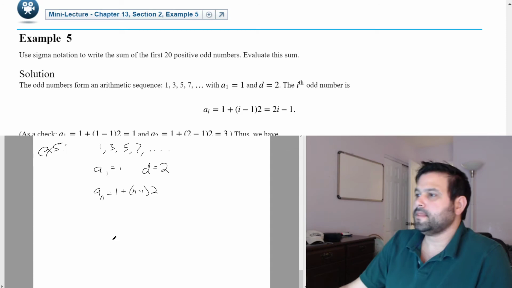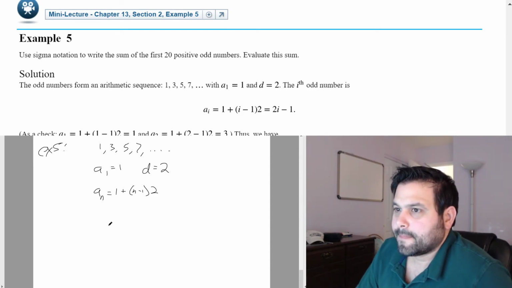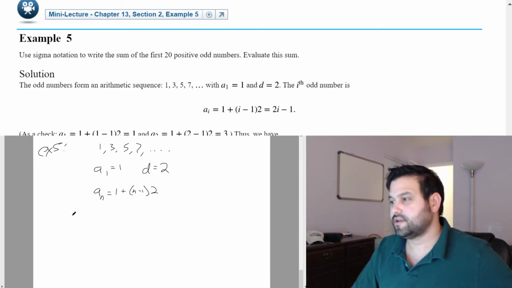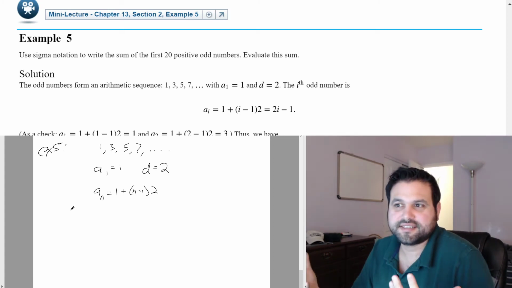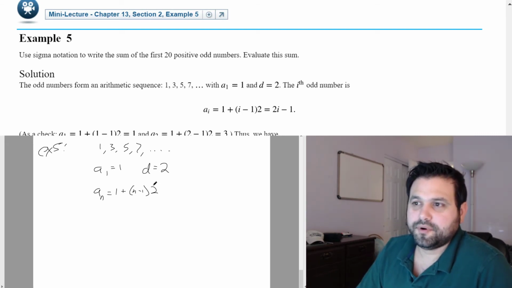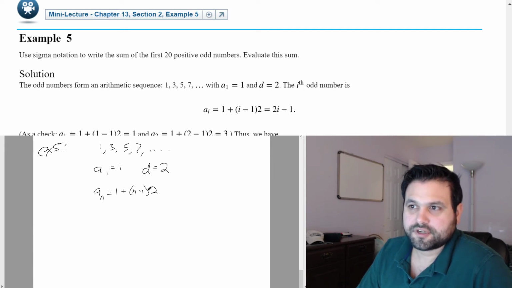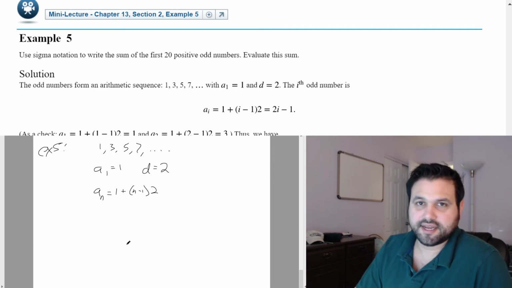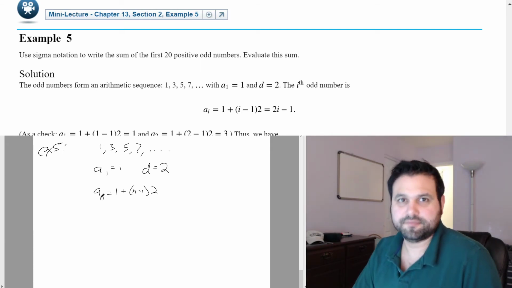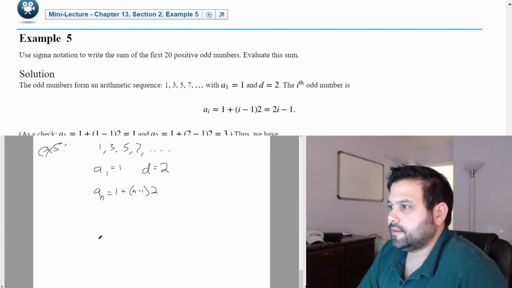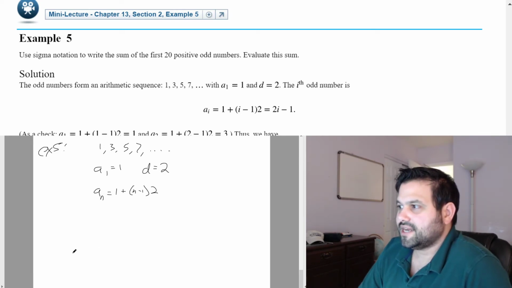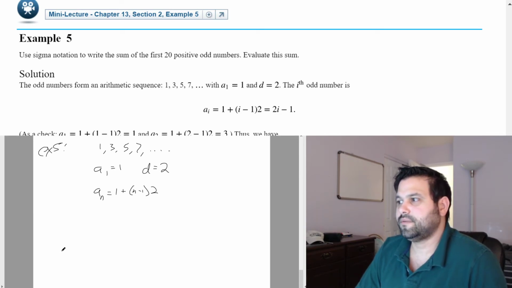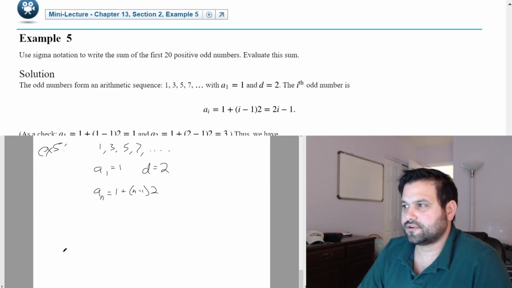The book simplifies that. You don't necessarily have to simplify that. The book distributes the 2, combines like terms, and writes it as a standard mx plus b type rule. You don't have to do that, though. You can leave it in this form if you want. The idea is you just want to make sure you're using the correct notation.